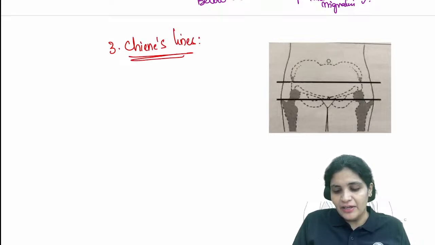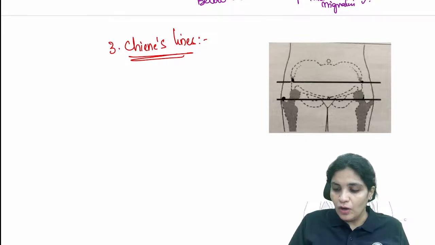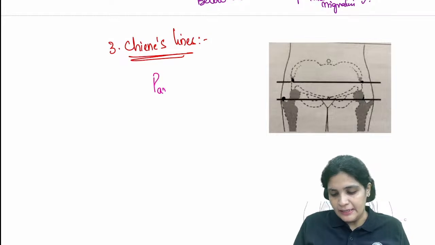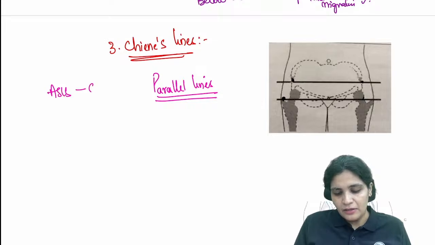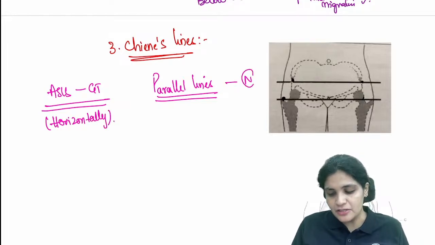Chiene's lines are very, very easy. Again, you mark your GT, greater trochanters, and then you draw parallel lines, horizontally through the ASIS and GT, so you get two parallel lines. Whenever you see parallel lines, it is normal.